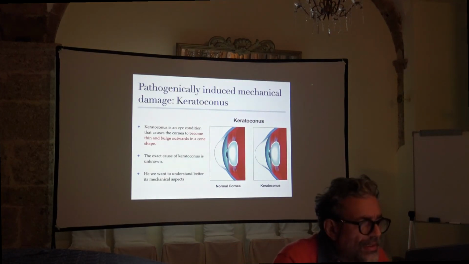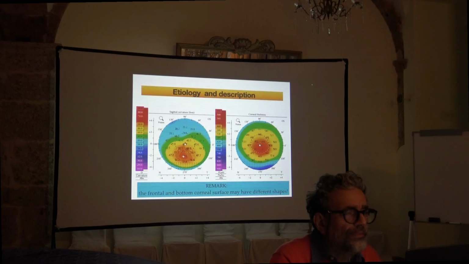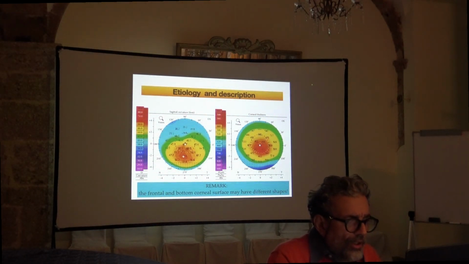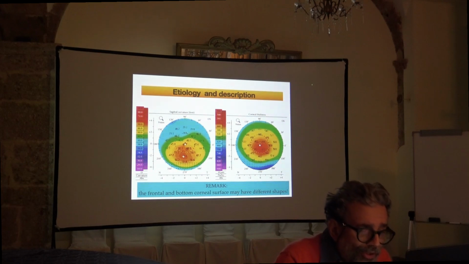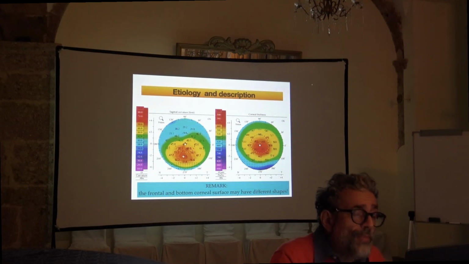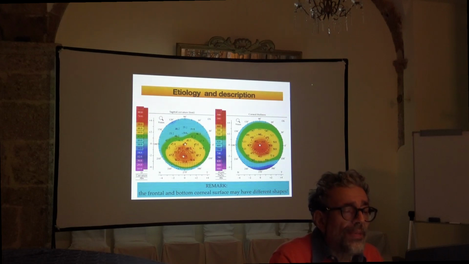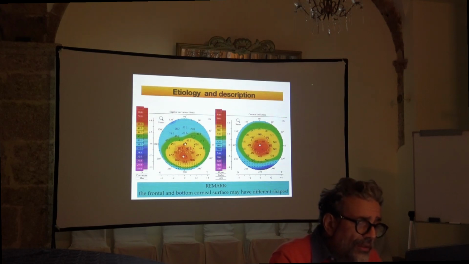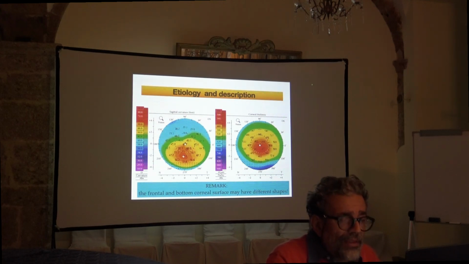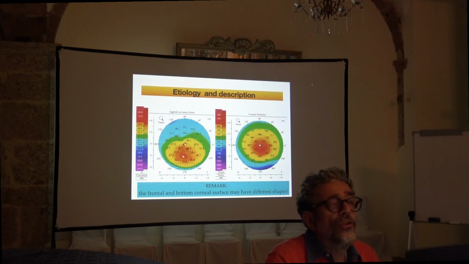Okay, so this is the bulging of keratoconus, okay? And we want to understand better the mechanics of it. By the way, another important thing which may be crucial in understanding the mechanics of this object is that the back corneal surface and the front corneal surface have different shapes in keratoconus.